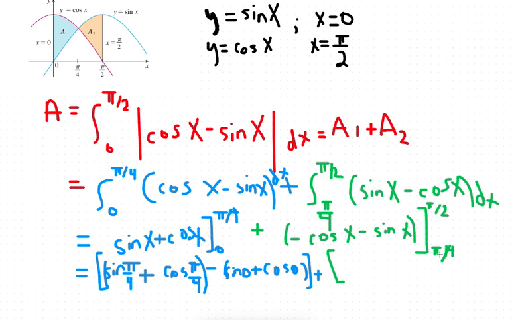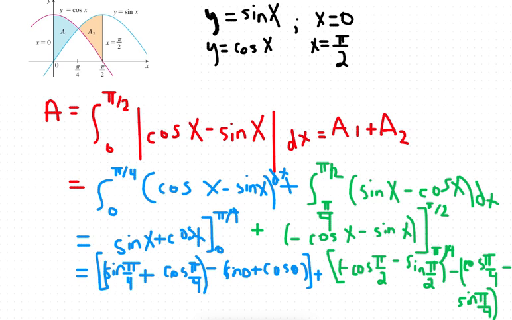So you're going to do from pi over 2, so negative cos pi over 2 minus sine pi over 2, minus, actually, cos pi over 4 minus sine pi over 4.